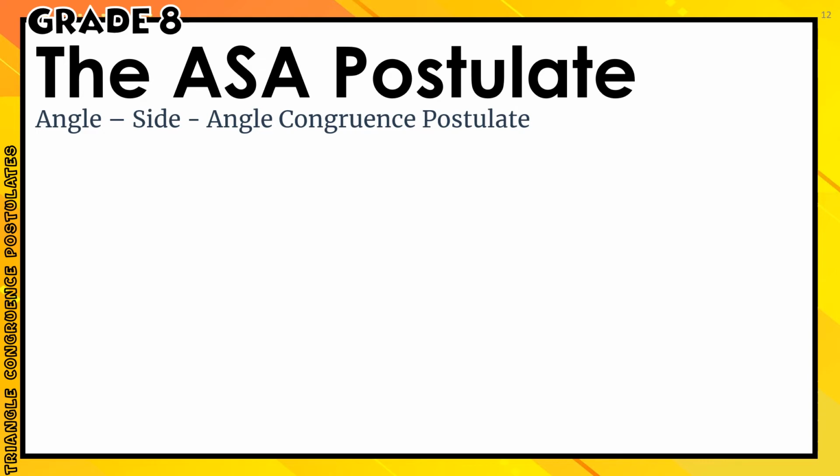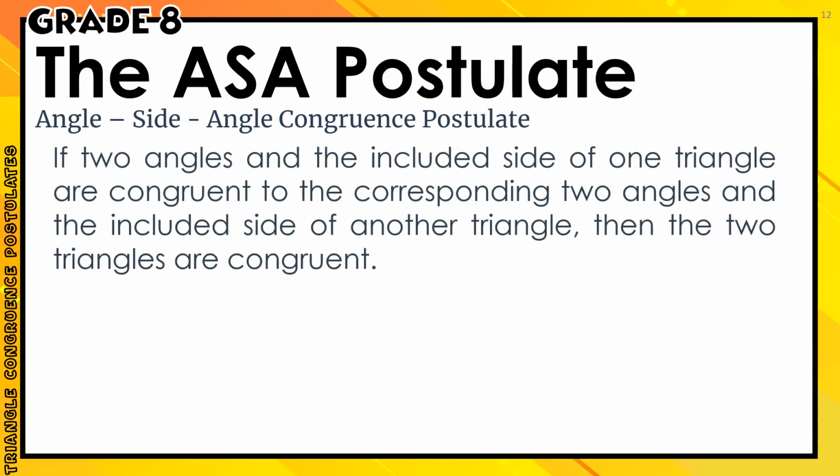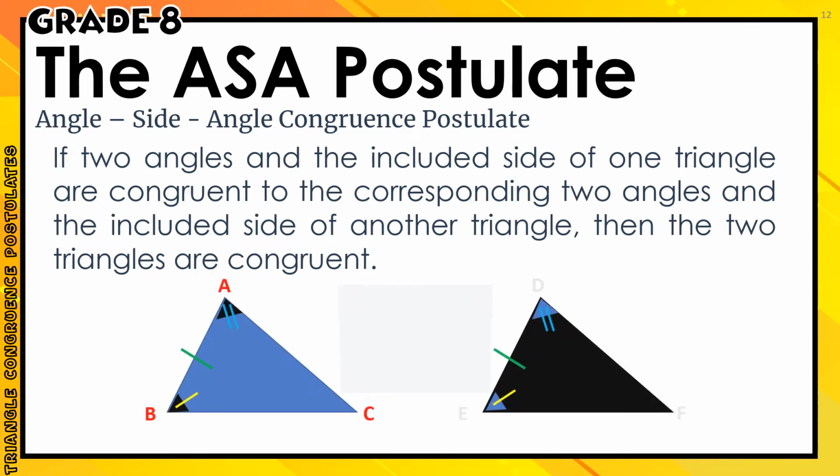Third postulate, we have the ASA postulate. We have here angle, side, angle congruence postulate. From the name itself, if two angles and the included side of one triangle are congruent to the corresponding two angles and the included side of another triangle, we can conclude that the two triangles are congruent. Sabi nga dito, dalawang angles na given at ang isang included side.